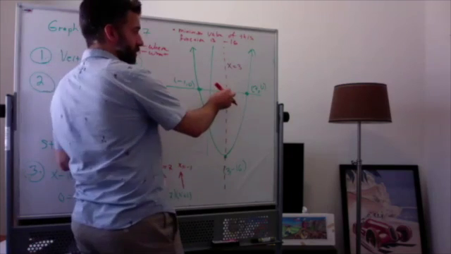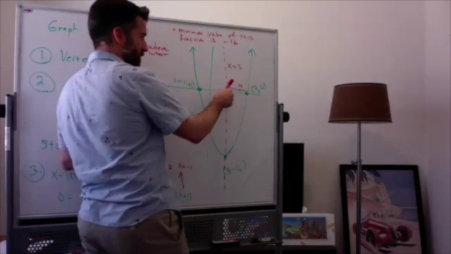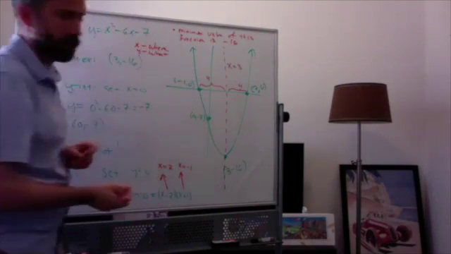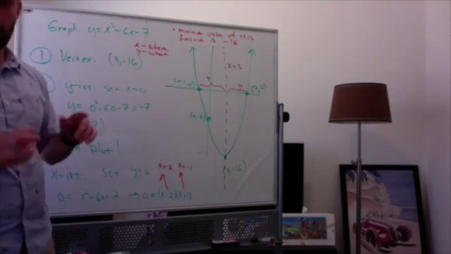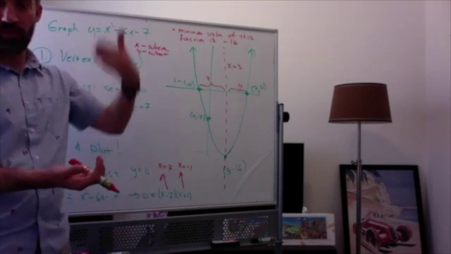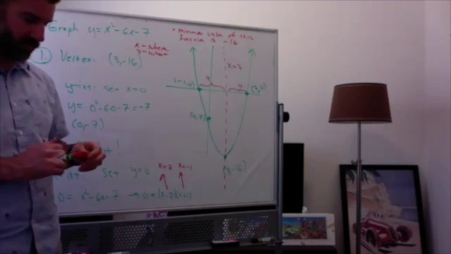Meaning the distance from 3 to 7 here is 4, and the distance from 3 to -1 is also 4. And that should always be true. The middle of your x-intercepts, if you have x-intercepts, should be the axis of symmetry where the vertex lives.